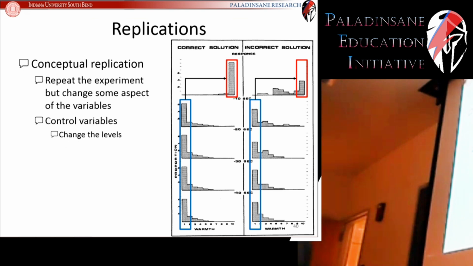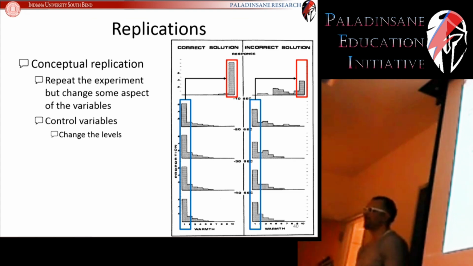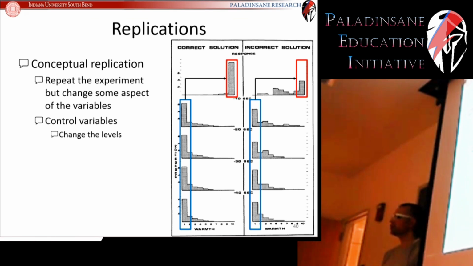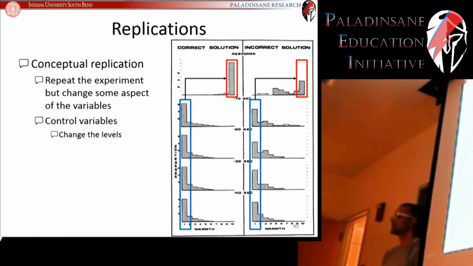And then also, very importantly, you can change the control variables. So control variables are, in any experiment, there are some aspects of the experiment that could change, that could be different, but you keep them the same for every single subject, right?